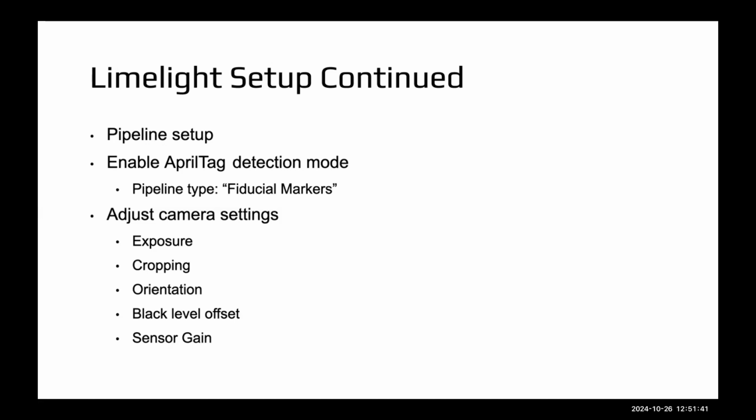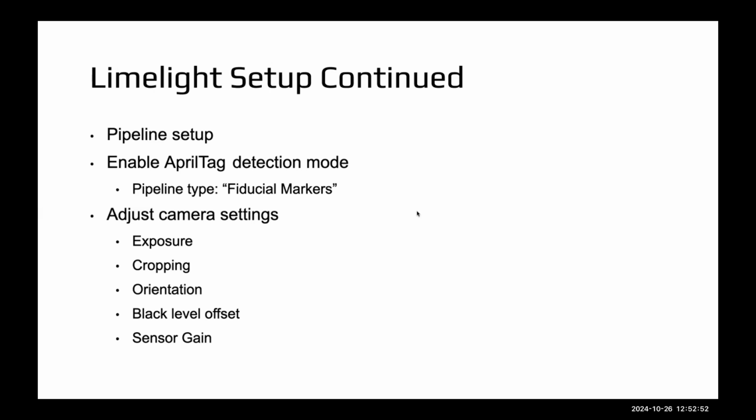And then as for black level offset and sensor gain, both of these are pretty similar to exposure in that they affect the light level of the camera feed. But what's special about them is that they can change the sensitivity without affecting motion blur while the camera's moving. So if you guys want to play around with that, I have a couple April tags that you can use to detect.